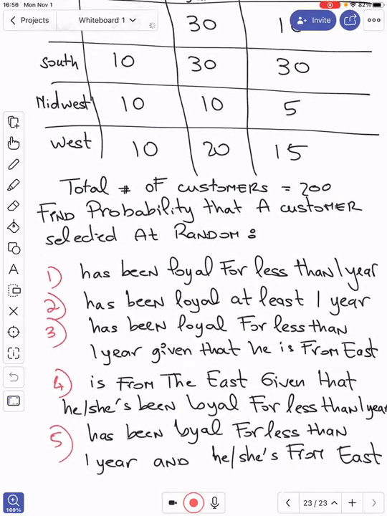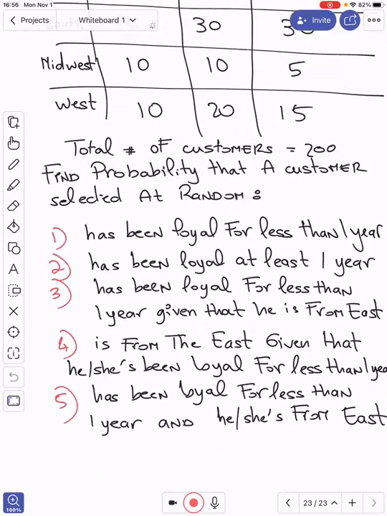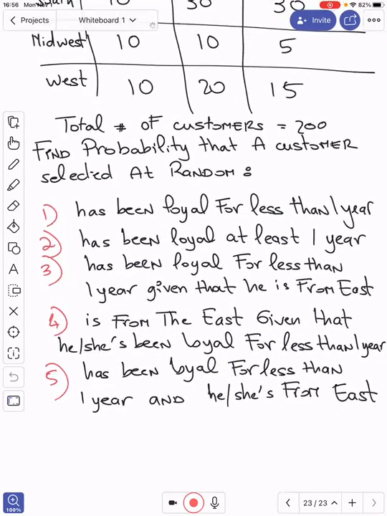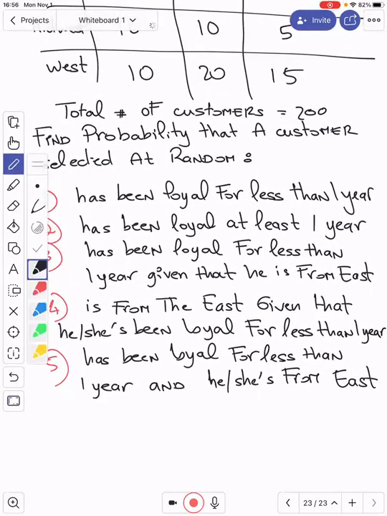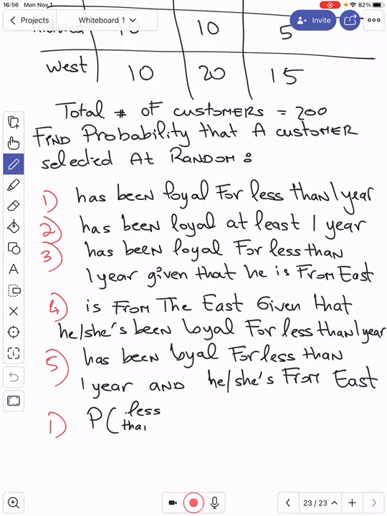All right, guys. So for number one, has been loyal for less than 1 year. So this is probably that the customer selected at random has been loyal less than 1 year.